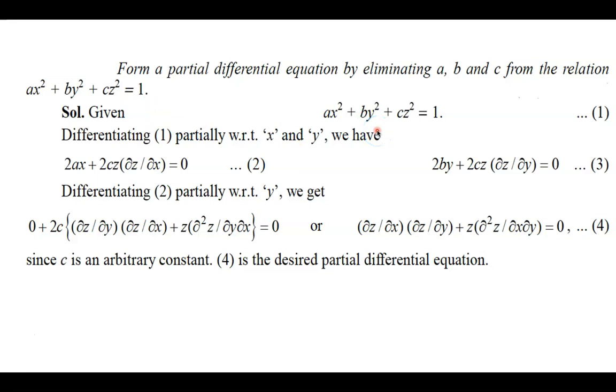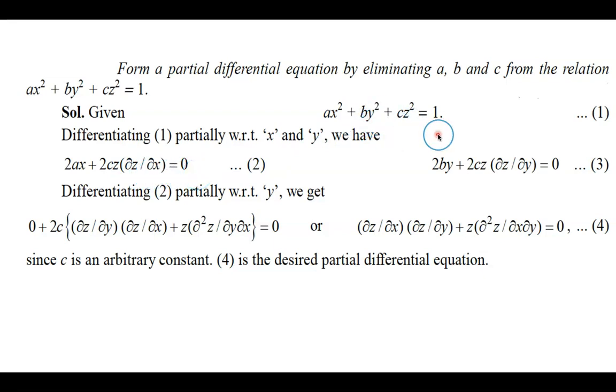Differentiating this equation partially with respect to x, we have 2 into a into x plus the derivative of by square with respect to x, treating y as a constant, which will be equal to 0, plus the derivative of this cz square with respect to x partially, which will yield 2 into c into z into dou z by dou x, equal to 0.